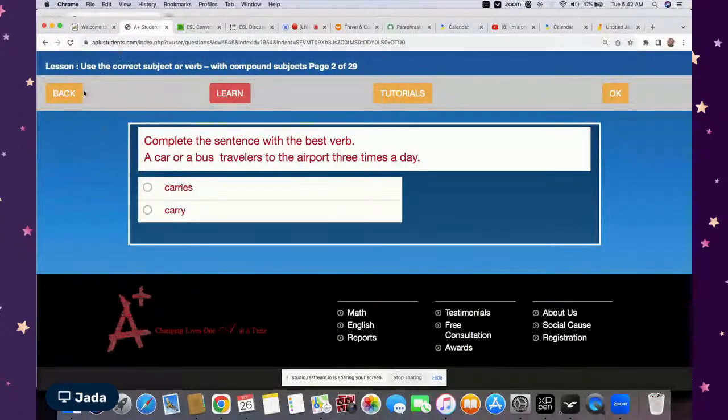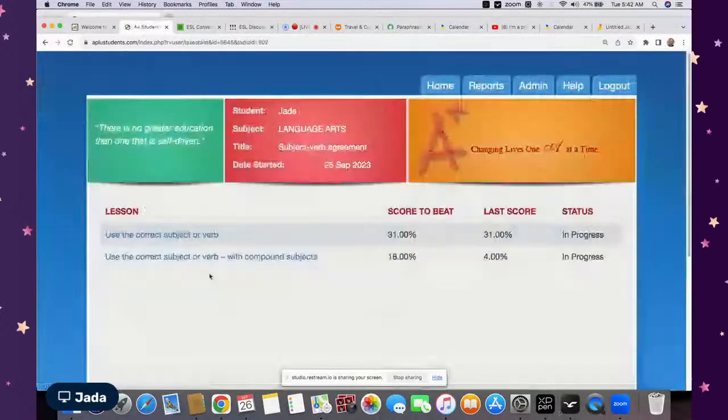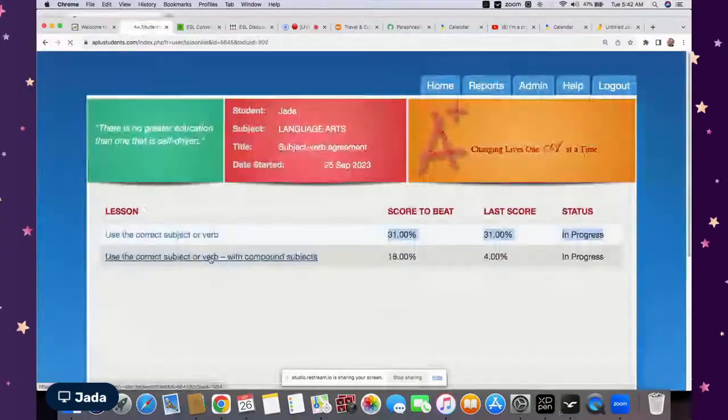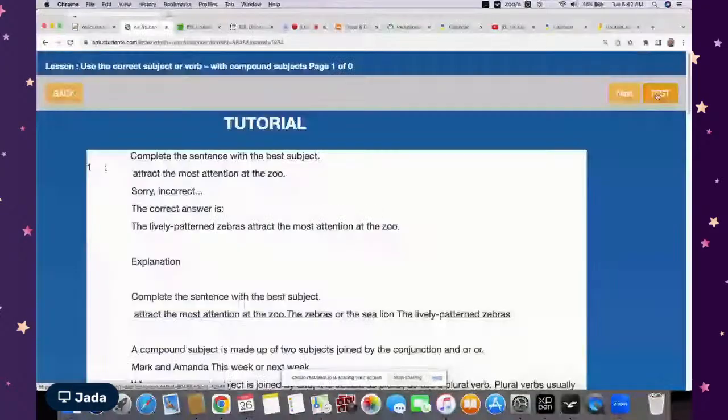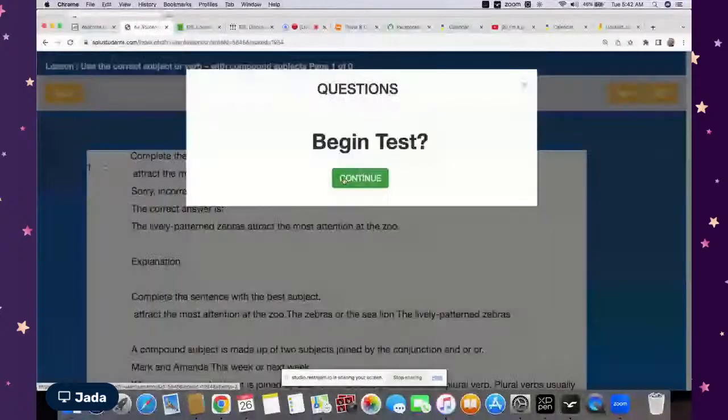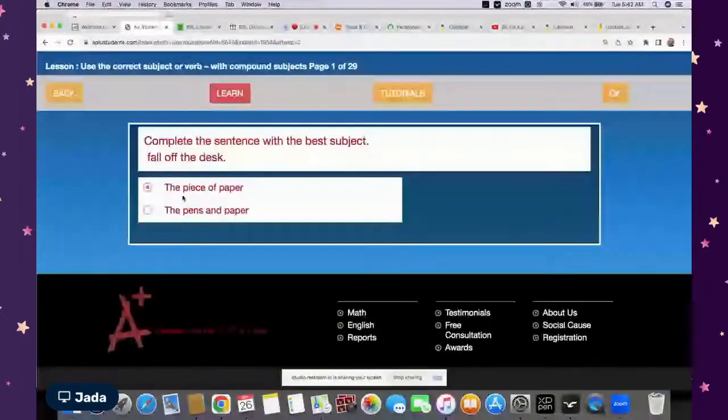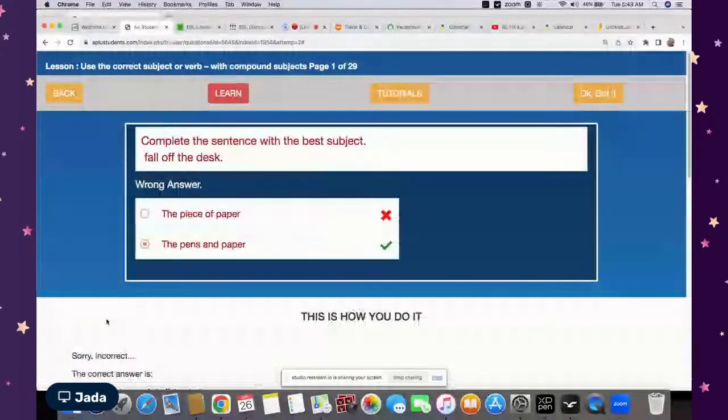Let's go back. We'll click on the answer that you all picked, number one. Let's see. Don't give up, you don't have to give up. So you all said the piece of paper. So let's click on the piece of paper. And you see that the piece of paper is wrong.